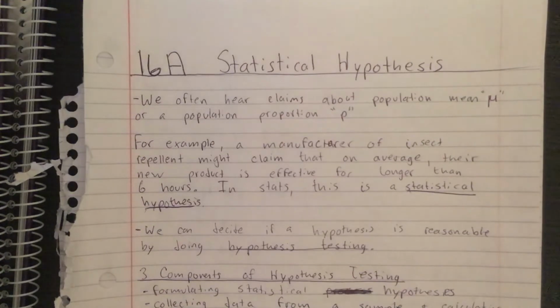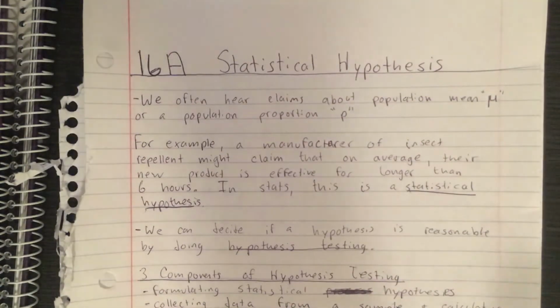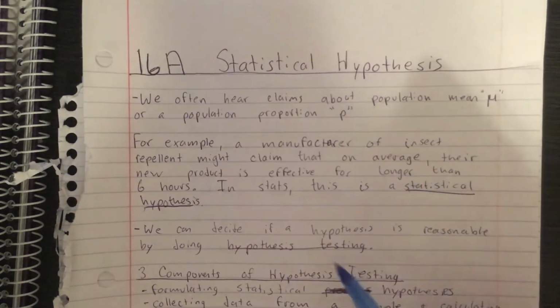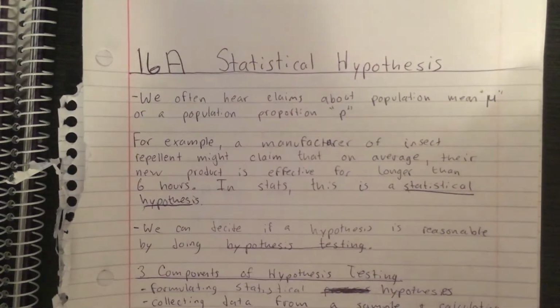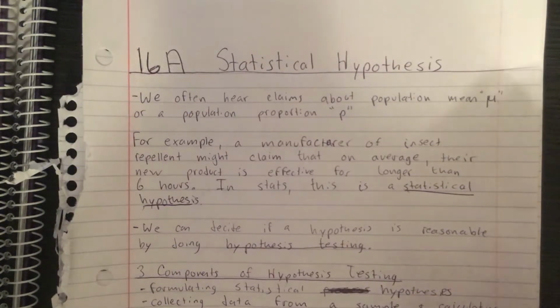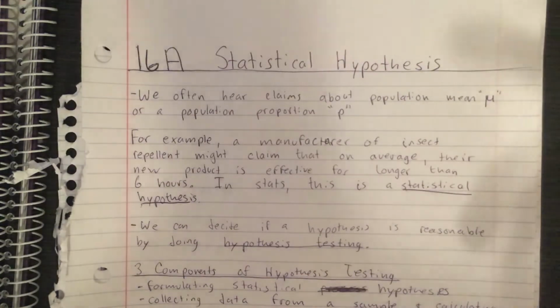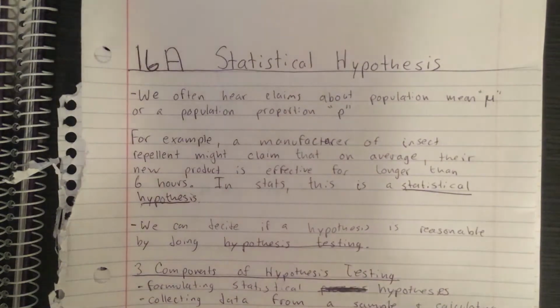The example we're going to use to move forward is a manufacturer of insect repellent who might claim that on average their product is effective for longer than 6 hours. In statistics, we call this a statistical hypothesis.